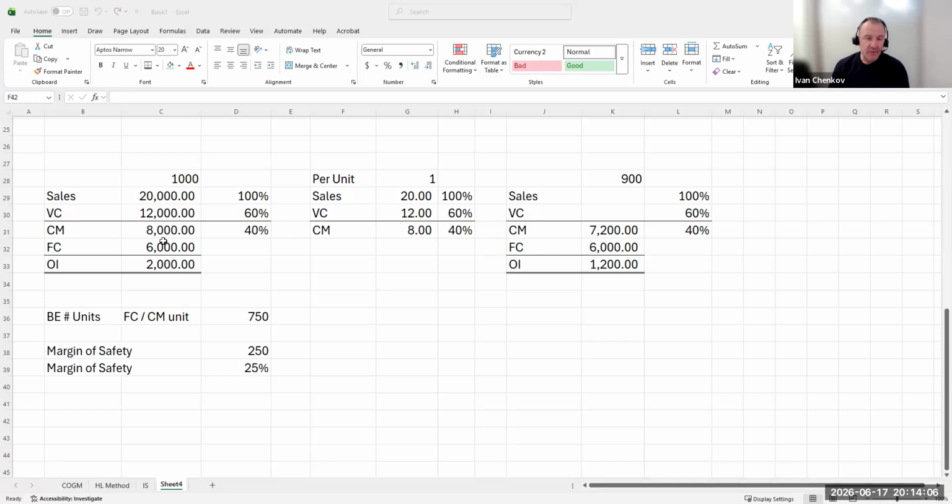Degree of operating leverage will be simply how many times the contribution margin transfers to operating income.